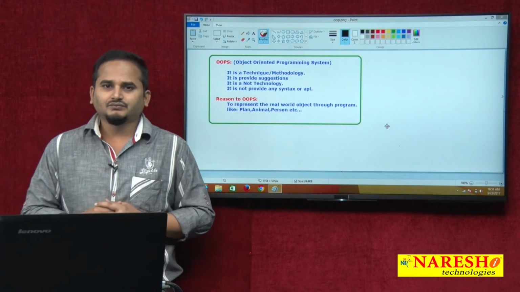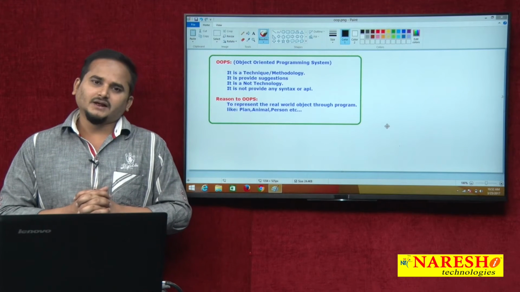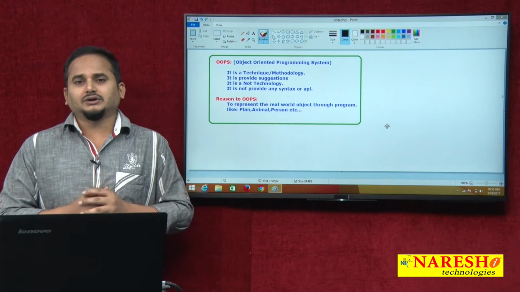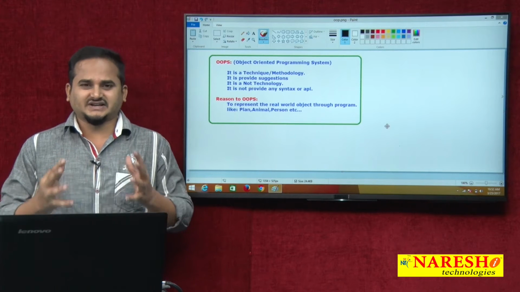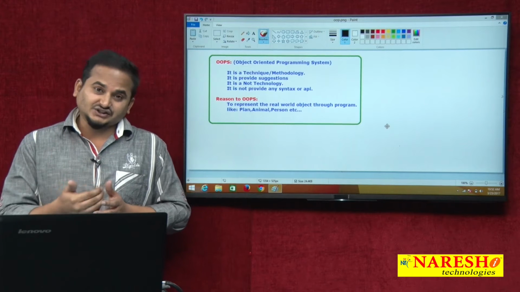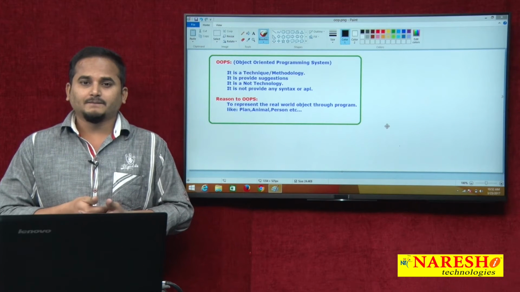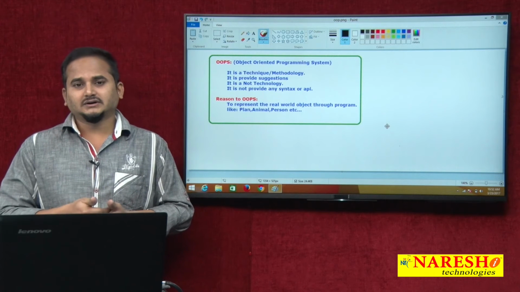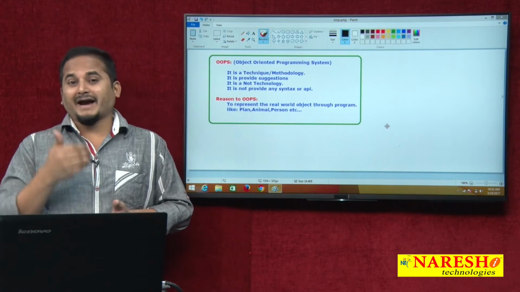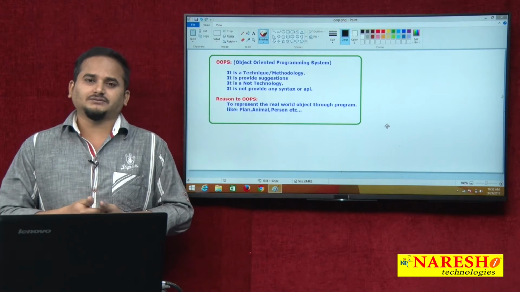For example, I want to develop one institute. If you want to develop an institute, we require some staff. So here staff is one object. Under the staff we have different types of objects like office boy, help desk and faculties. All these things are real world objects.